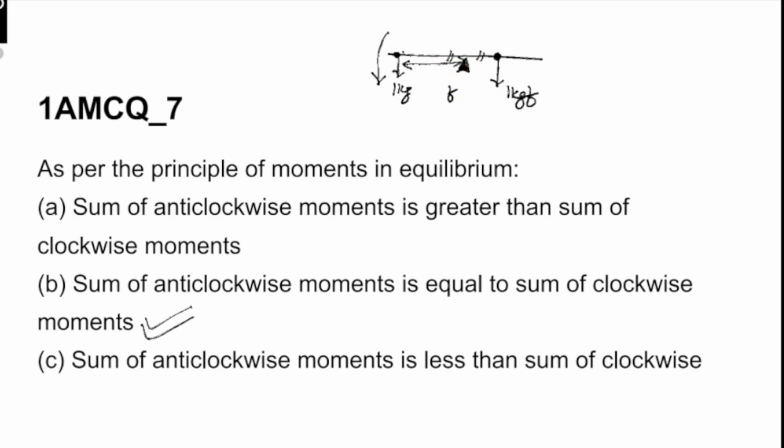In case of equilibrium, as we were doing in this case, the moments will be equal. The clockwise moment and the anticlockwise moment have to be equal. That's why it will be in equilibrium, otherwise it will not be.